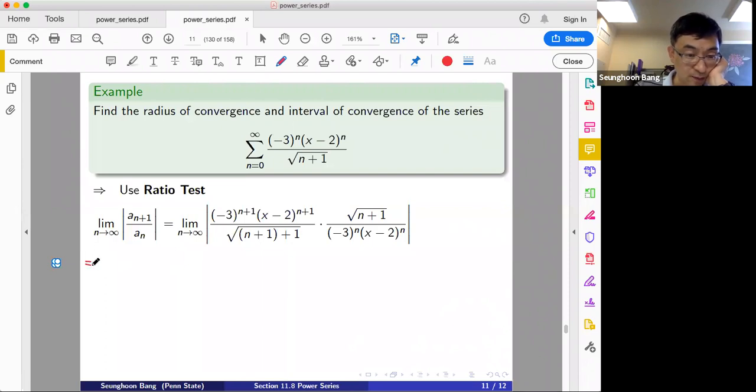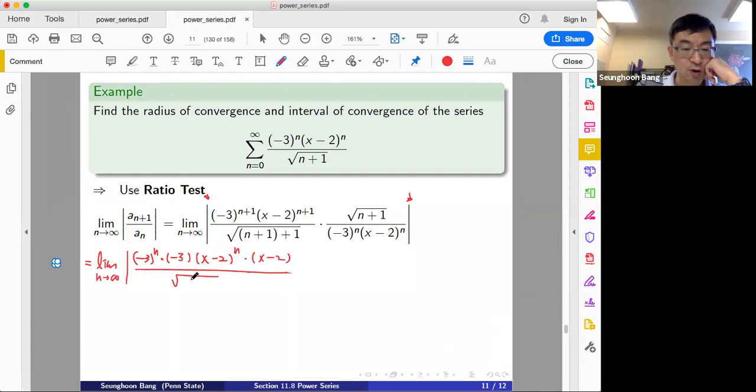Next, it's the limit as n approaches positive infinity of the absolute value of (negative 3) to the power n times negative 3, times (x minus 2) to the power n times (x minus 2), over the square root of n plus 2, times root of n plus 1 over (negative 3) to the power n, (x minus 2) to the power n.